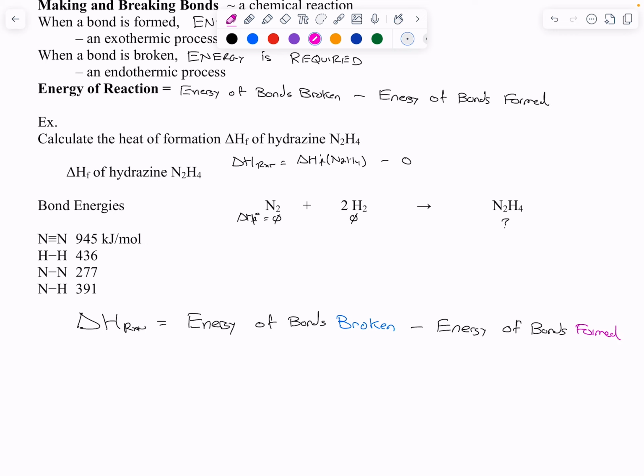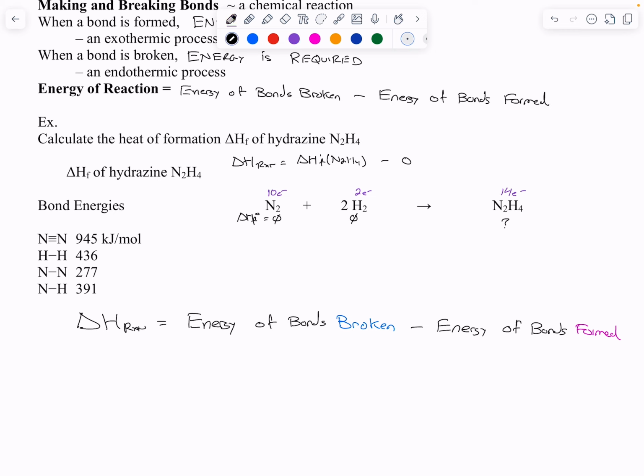Okay. So now, if we look at this, I have N2. Well, we got to go back to our valence electrons. N has 5 valence electrons, so that's 10 electrons for N2, and 14 electrons with the H2. If you forgot how to do that, we need to go back to previous lectures and look into that, because we'll definitely need to know that.